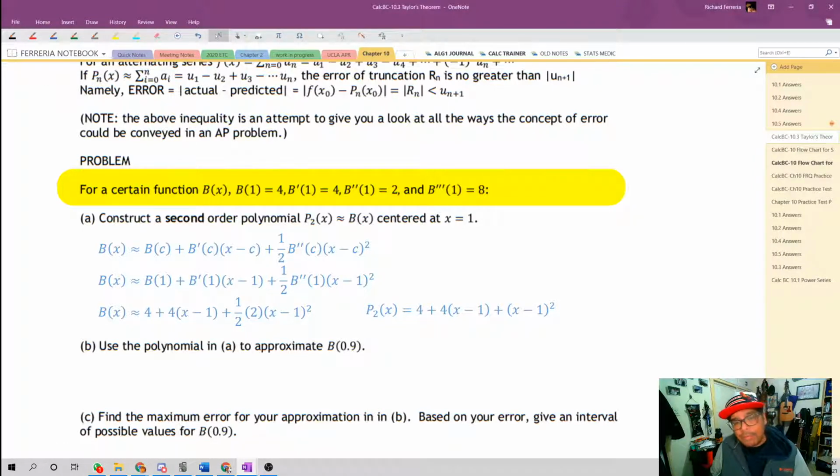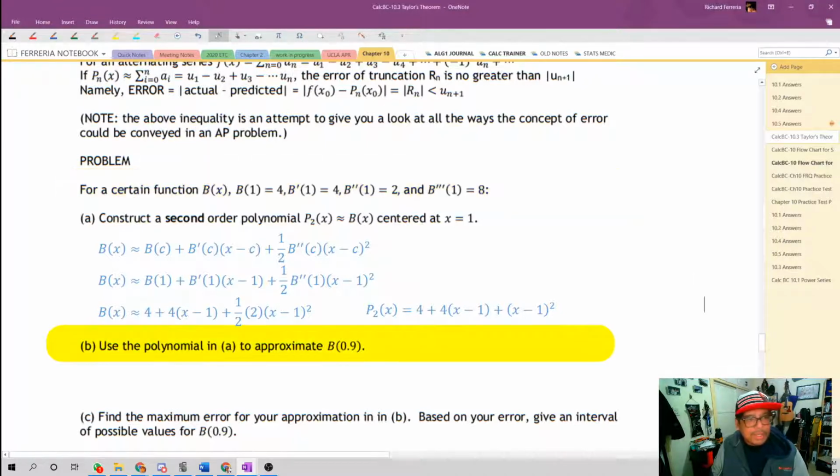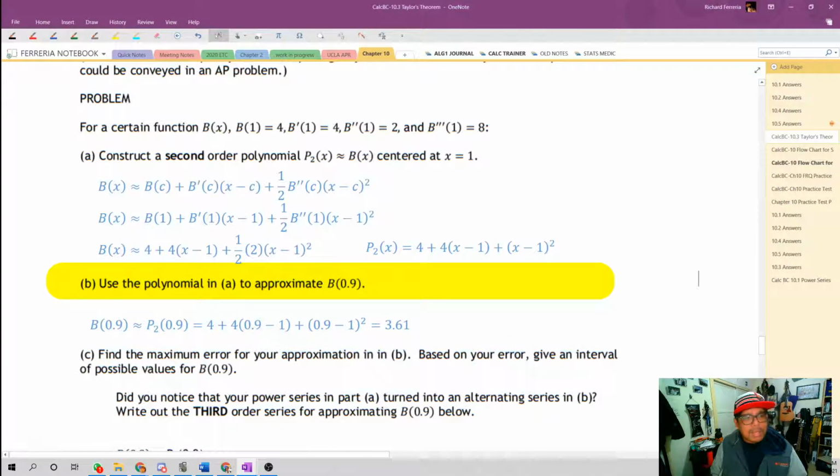It's 4 plus 4 quantity x minus 1 plus a quantity of x minus 1 squared. Now part B says to use the polynomial to approximate b of 0.9. So b of 0.9 is approximately equal to P2 of 0.9. We substitute 0.9 into the polynomial, and we get that b of 0.9 is approximately equal to 3.61.